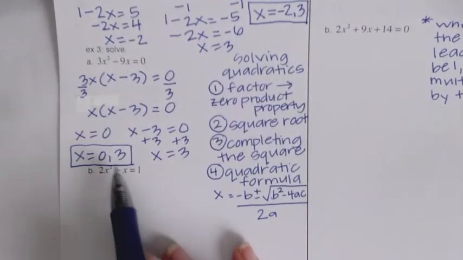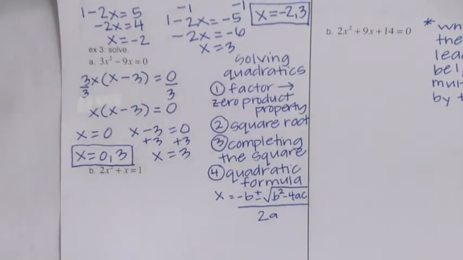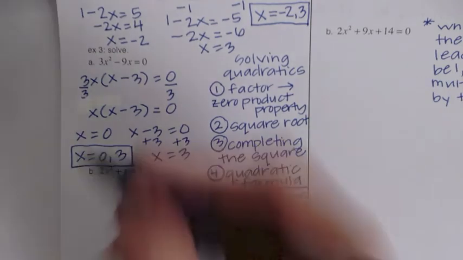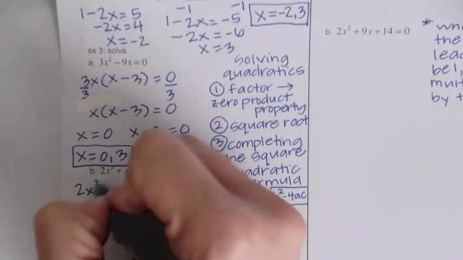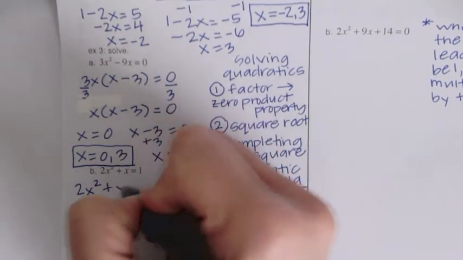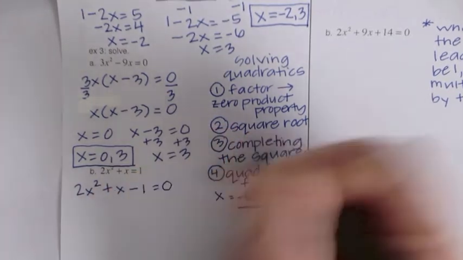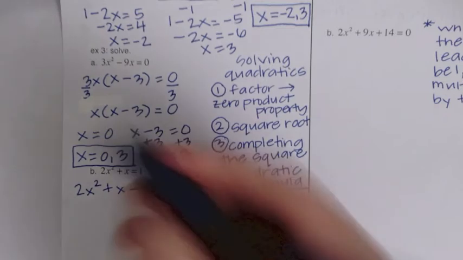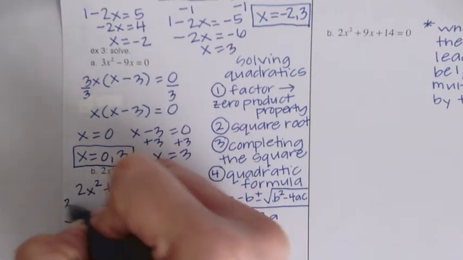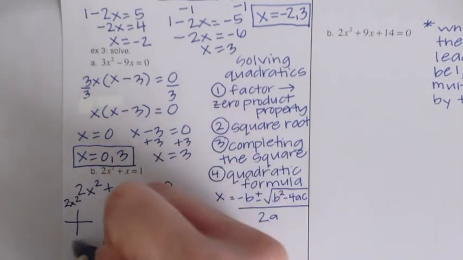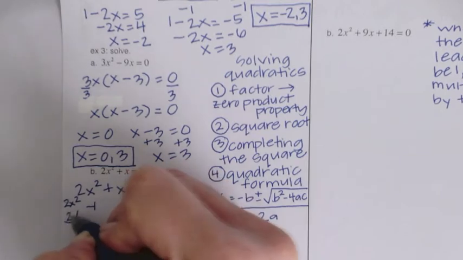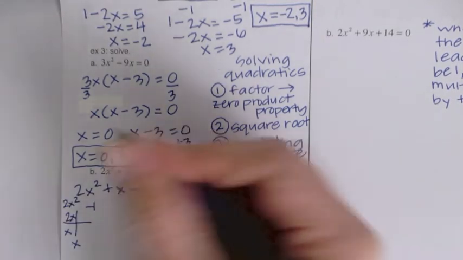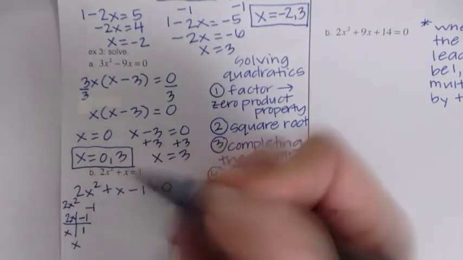This next one here says 2x squared plus x equals 1. Whenever you're solving quadratics, the best thing to do that works for almost all methods is to get one side equal to 0. And then because we have 3 terms here, we're going to try and t-chart this, or factor the trinomial using whatever method you're comfortable with. And in this case, this is what it will look like.